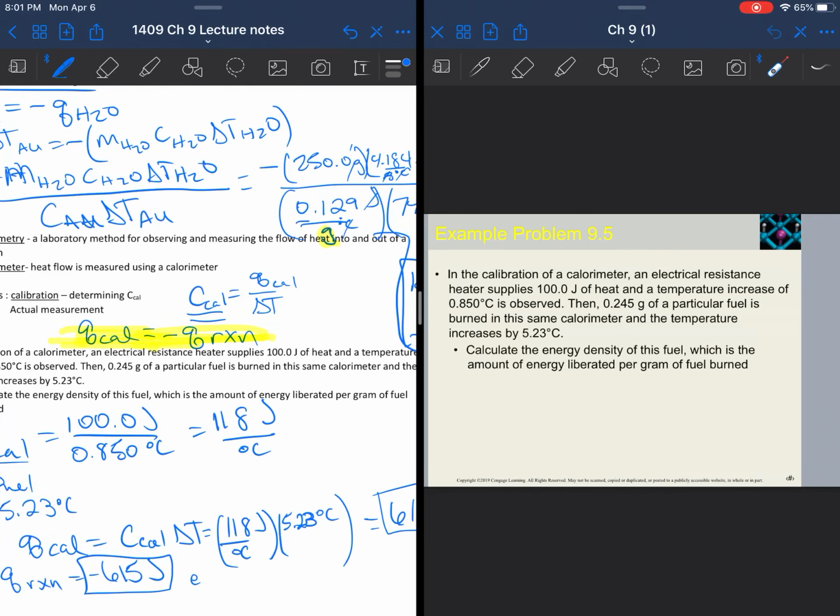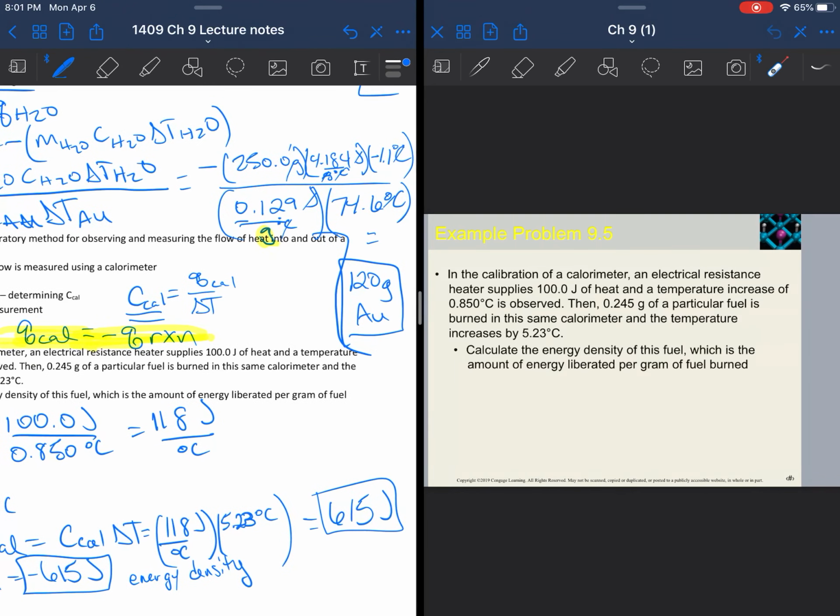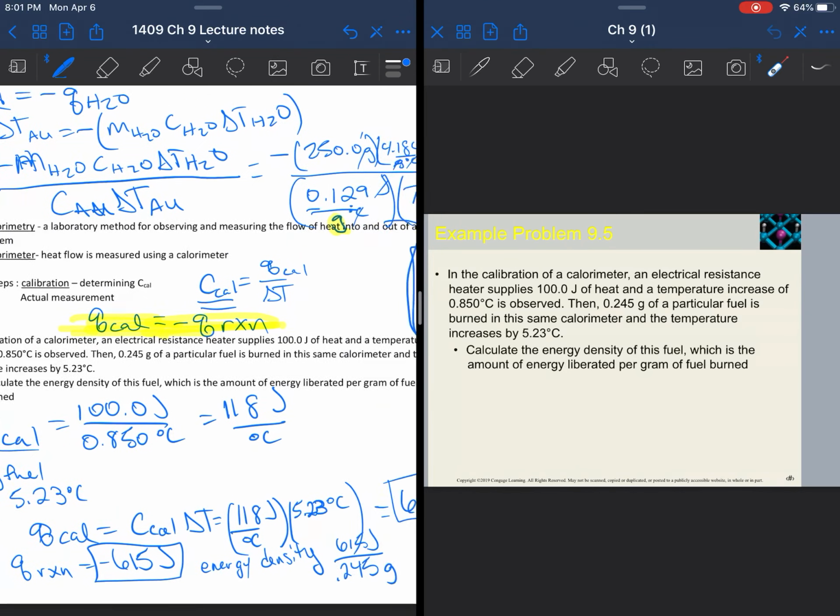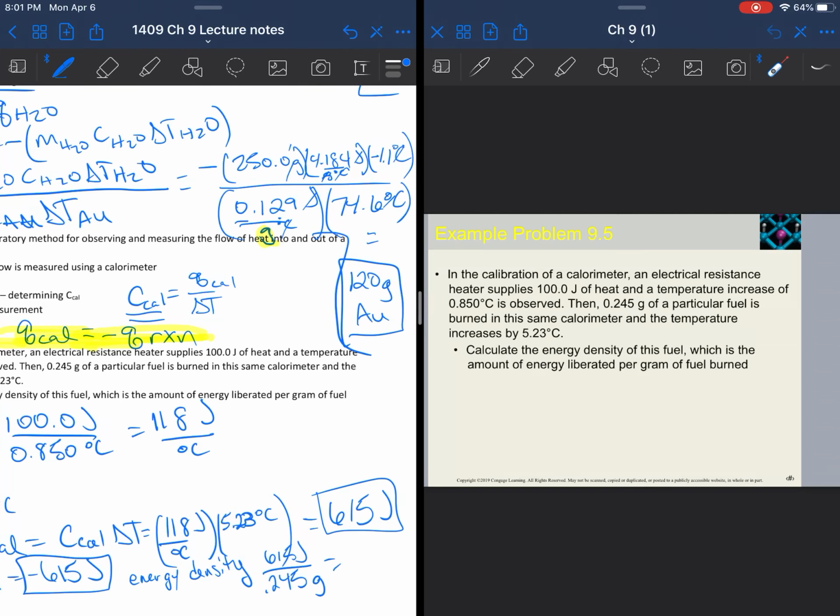What you want to recognize here is that this was the amount of energy for 0.245 grams. You notice we haven't used that number yet. If we want to convert this, we're going to do our last little bit here, energy density. We are going to see that 615 joules is given off for every 0.245 grams.